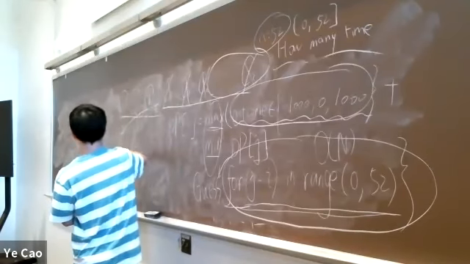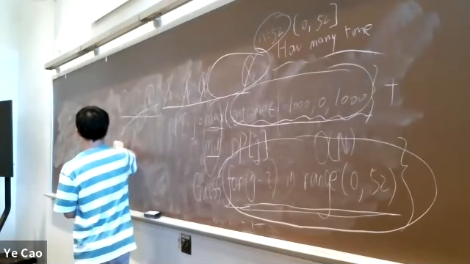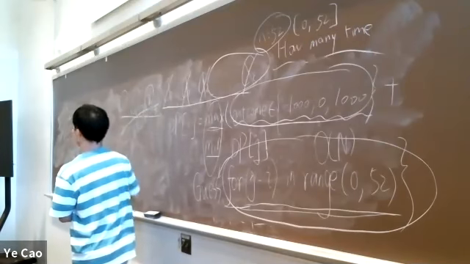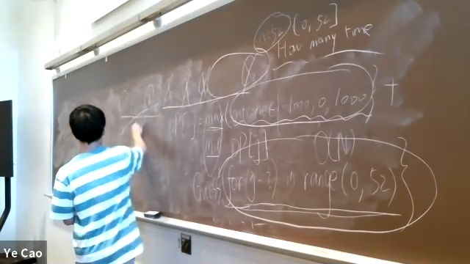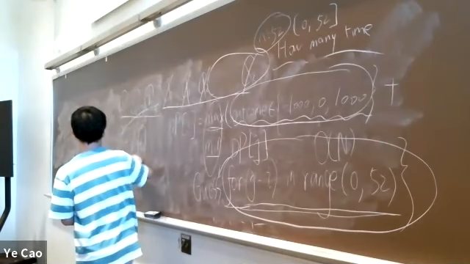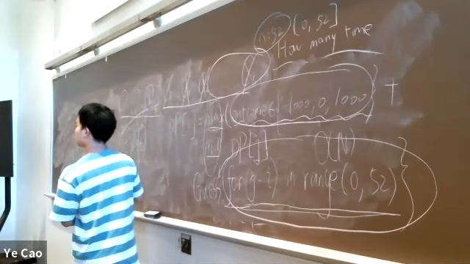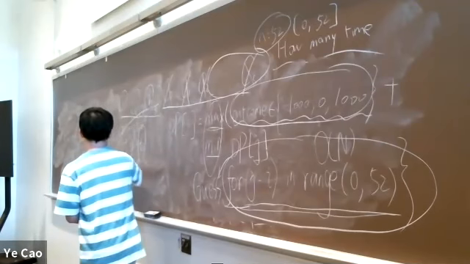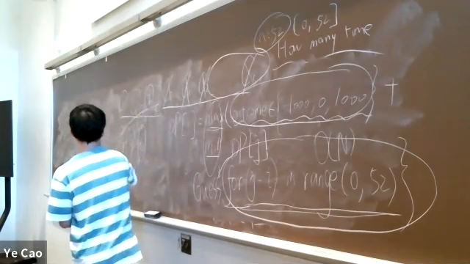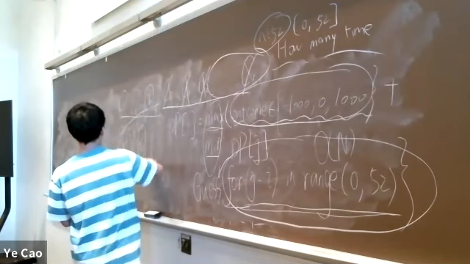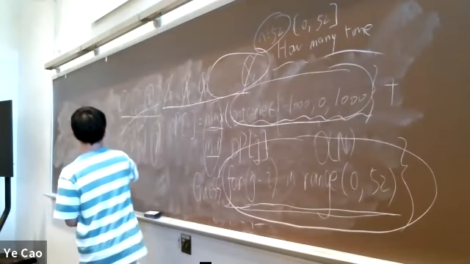If you hit once, it's just from 4 to 5, and if you hit twice, from 4 to 5, 6. Does it make sense? If you hit once, it's just this; hit twice is from this, and hit 3 times, it's just going to be 7.